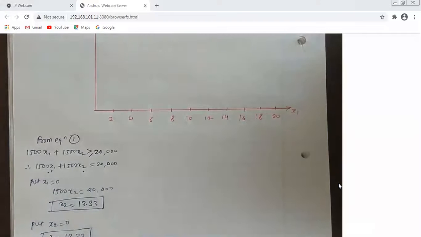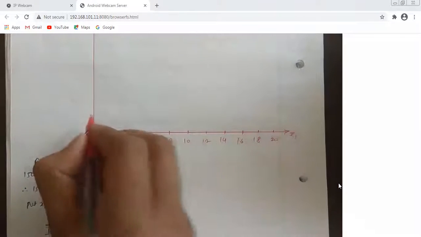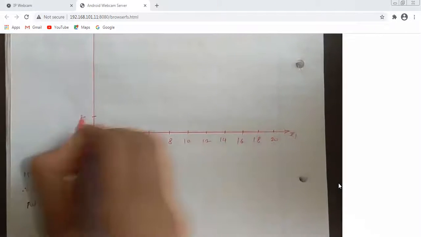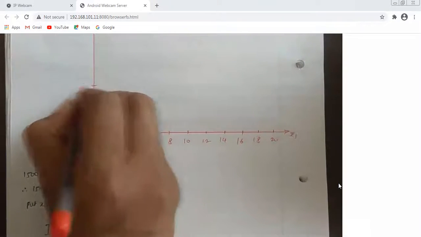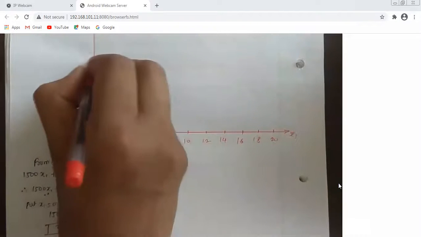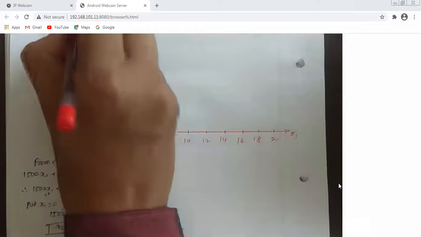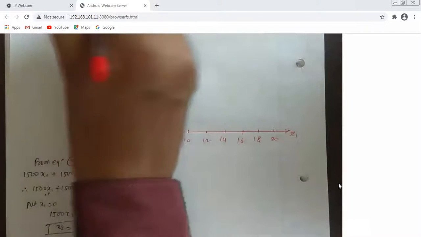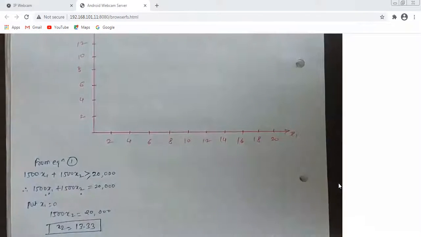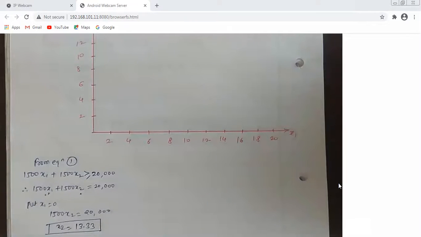It's your choice how the scale will be selected. Similarly, I have to take the scale on the y-axis: 2, 4, 6, 8, 10, 12, 14, 16, 18, 20. Okay. Till now any doubt?